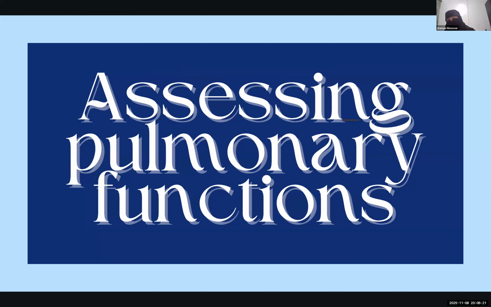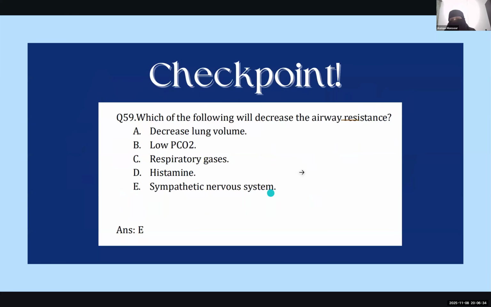If it was increased airway resistance, what would increase? Oh, you're asking what the answer would be if this question was asking what increased airway resistance? In that case, it would be A, it would be B, it would be D. If the question was asking about increased airway resistance, it could be A as well, because when there's small lung volume, there's increased resistance.